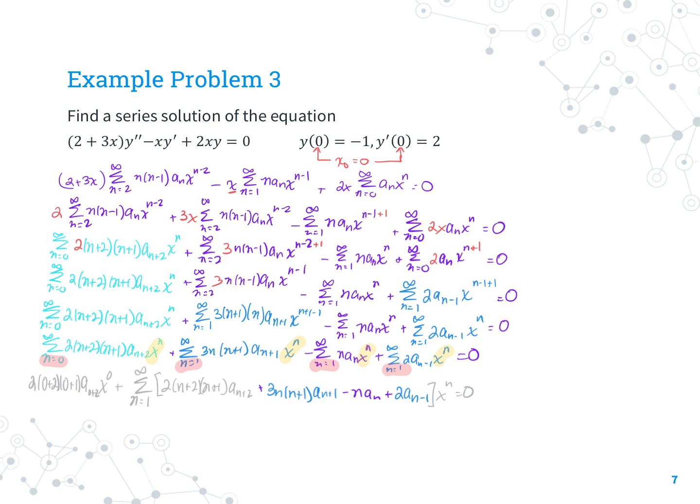And we know that x to the n can't be 0, so we end up now looking at our closed form. So let's see what we've got.